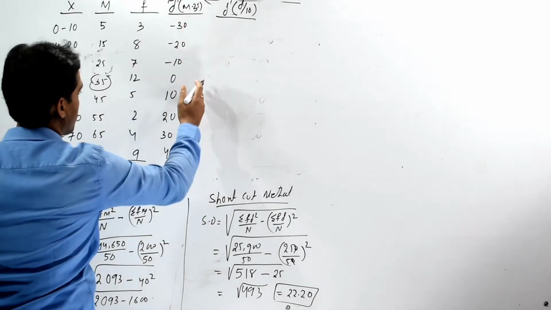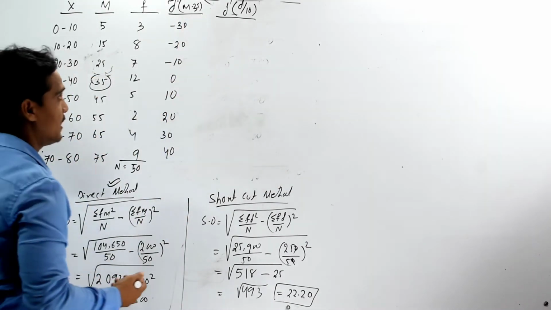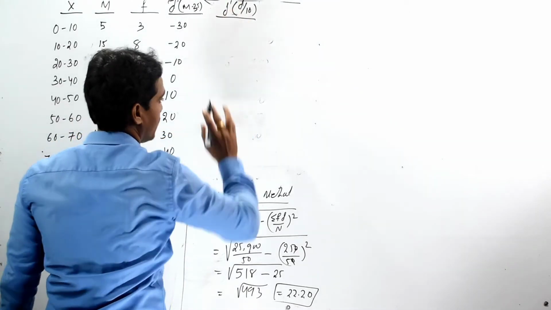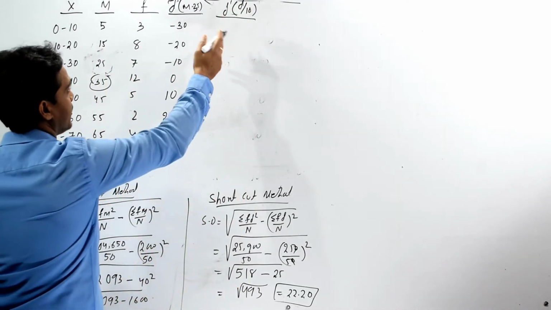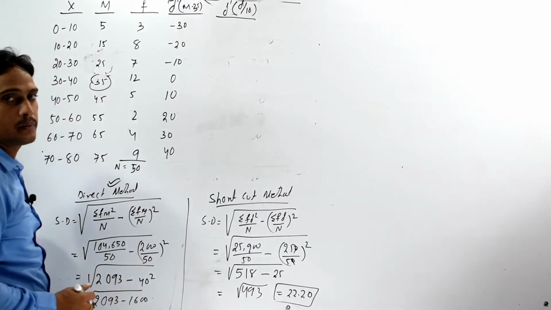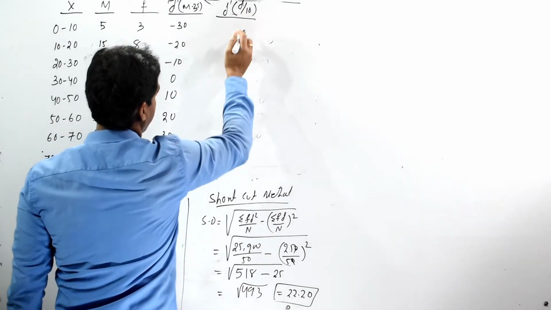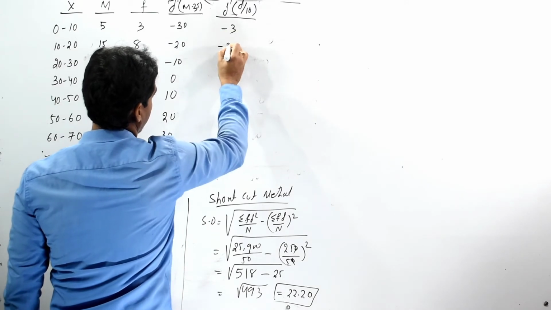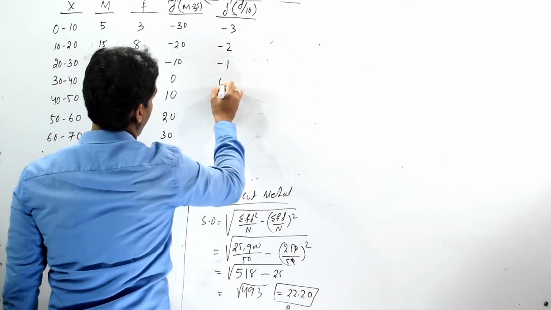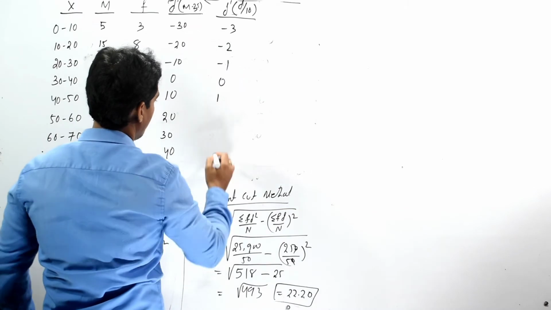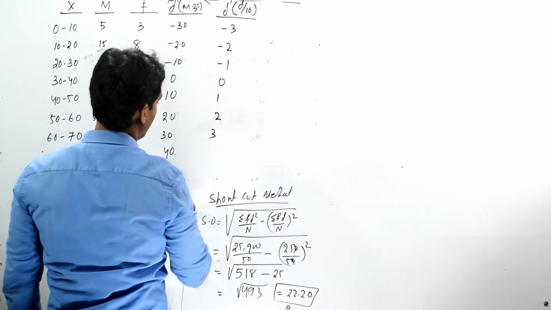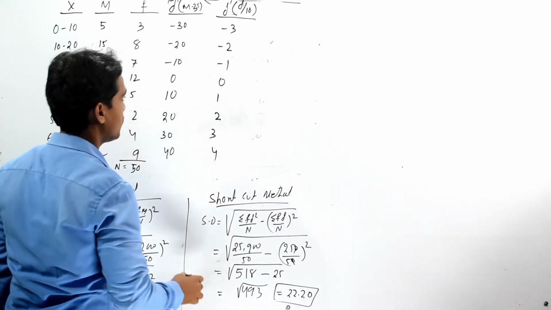Here our common factor and class interval is 10, so d dash is calculated by dividing the deviations by 10. So d dash equals minus 30 by 10, that is minus 3, minus 2, minus 1, 0, 1, 2, 3 and 4.